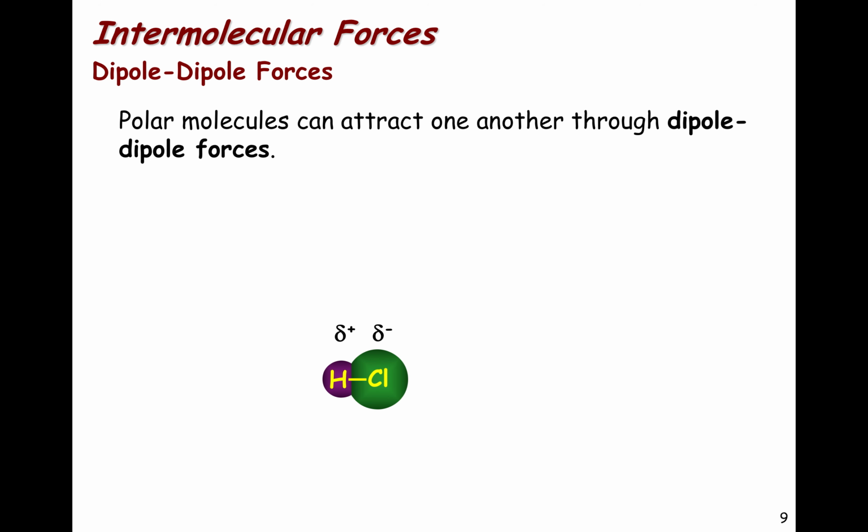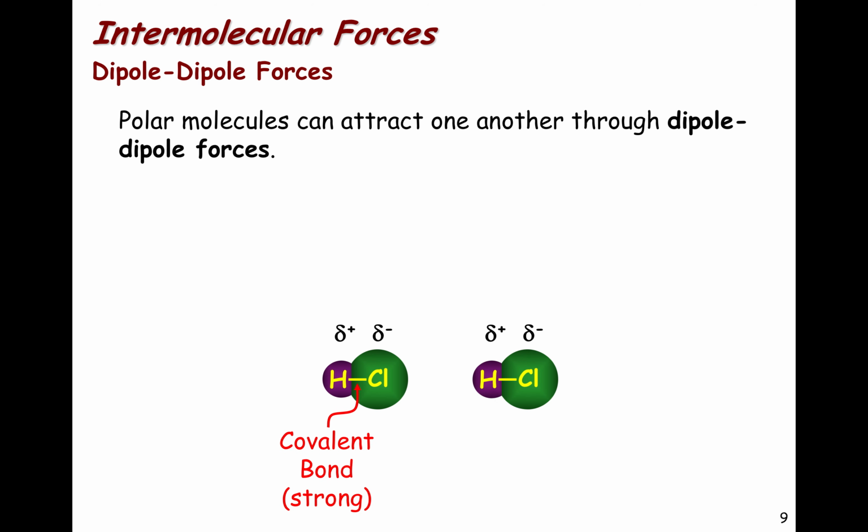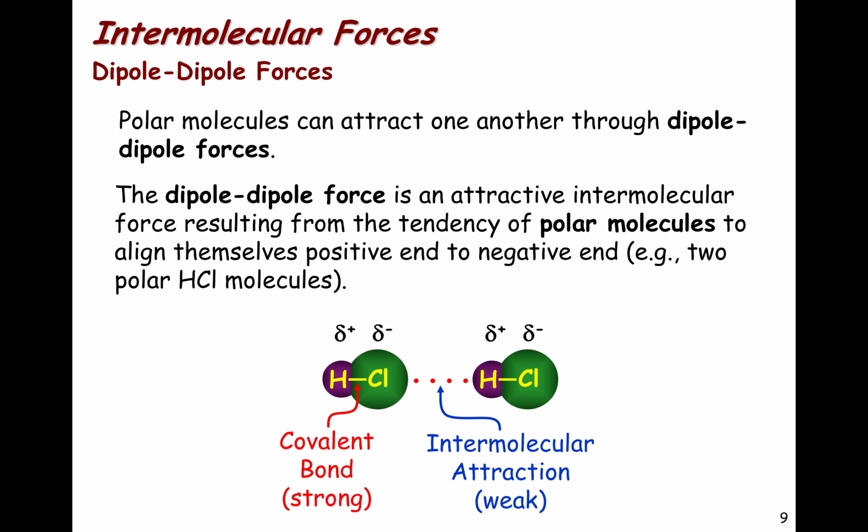If we had more than one of these molecules in close proximity to one another, we would then have an interaction so that the molecules would line up the positive and negative ends so that the opposite charges would attract one another, and this would result in this weak intermolecular attractive force that we refer to as a dipole-dipole interaction.